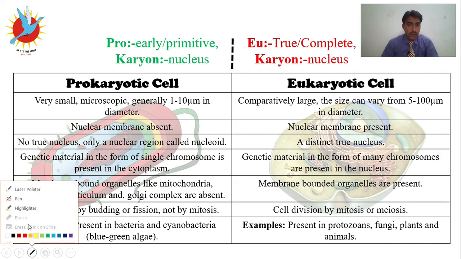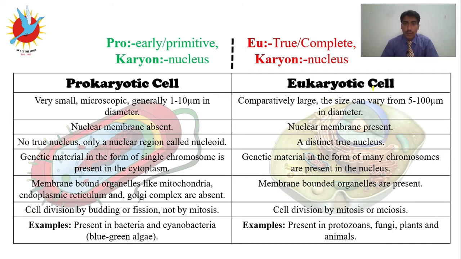On the other hand, eukaryotic cells are comparatively large and can vary from 5 to 100 micrometers. So you can see the difference in size. Prokaryotic cells are the primitive cells, thus they are smaller compared to eukaryotic cells.